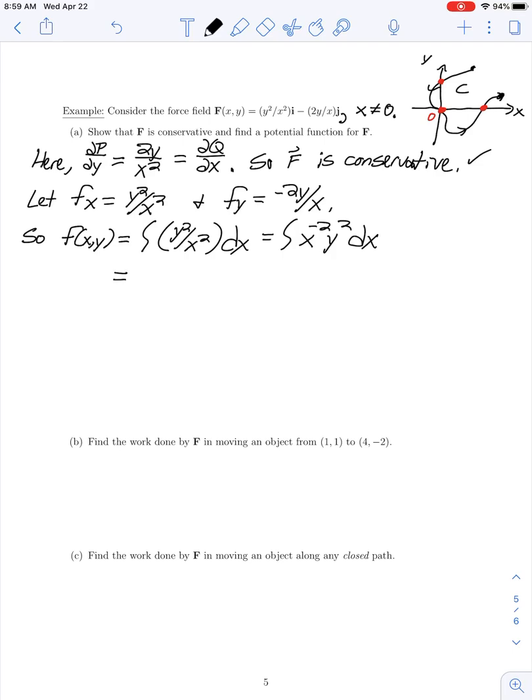So for our antiderivative, we would have negative x to the negative first times y squared. So negative y squared over x plus some constant with respect to x, which would be any function that depends only on y. Let's call it g of y. Now to find that g of y function, we need to use the condition that we have on the partial derivative of f with respect to y.